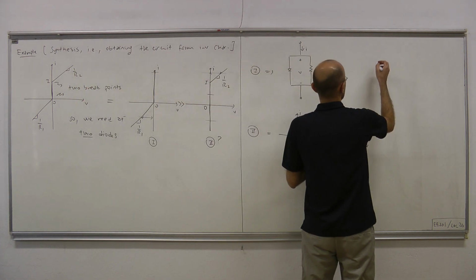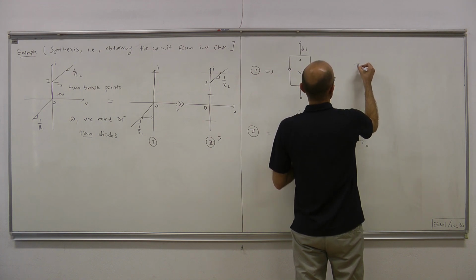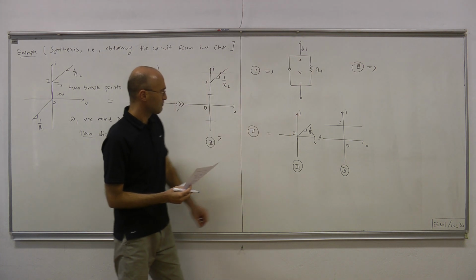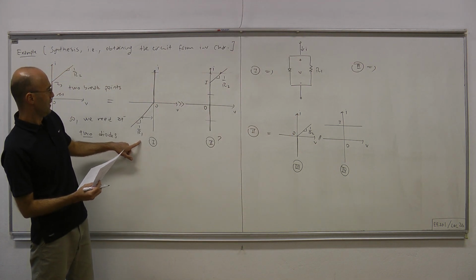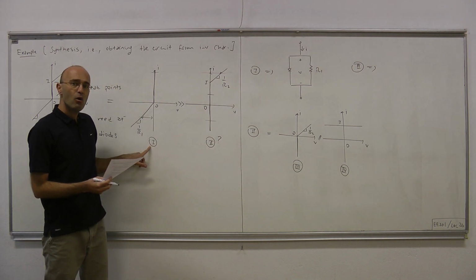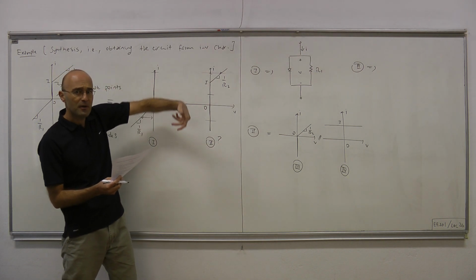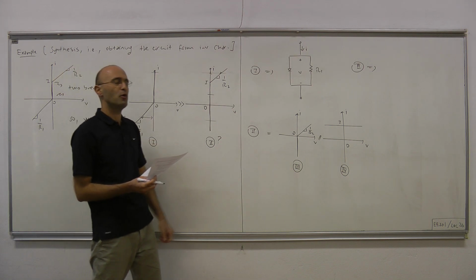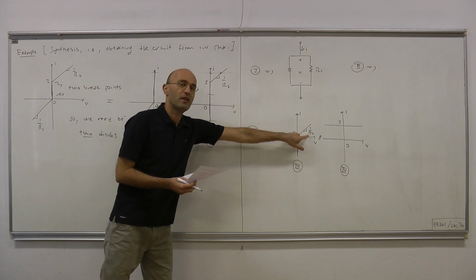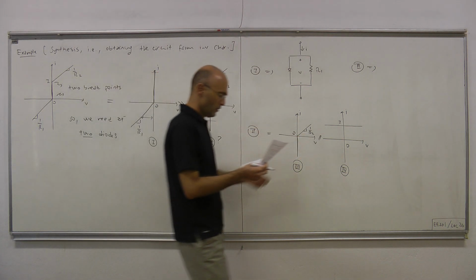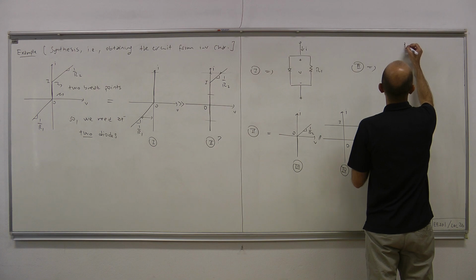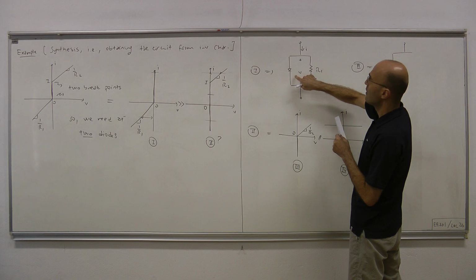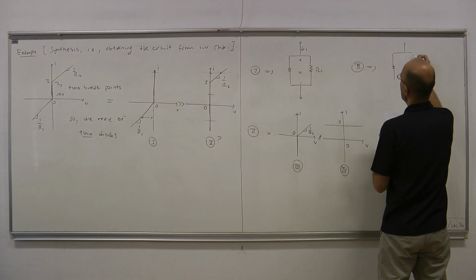Now, 3 can be realized by, note that 3 looks very much like 1. The only thing is, one is the reflection of the other with respect to the origin, modulo the slopes. Therefore, 3 can be generated by the same topology here, only difference being that the diode is pointing up now.